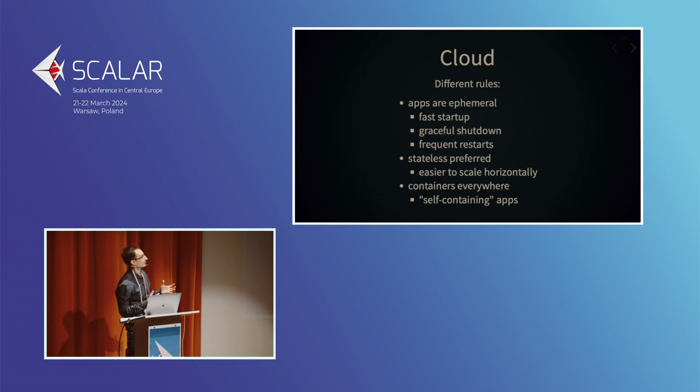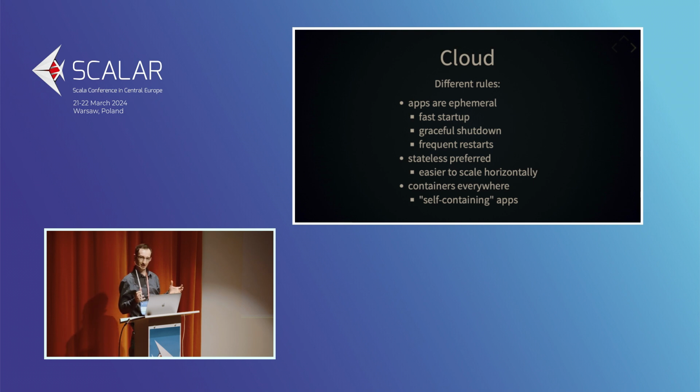But there are different rules in the cloud. Before, 10 years ago, 15 years ago, when you were running your app, you started it, and it was there running for a year, maybe for 2 years. I don't know what is the longest uptime of an application without any interruption. But then the cloud came in, and here we have much different rules.